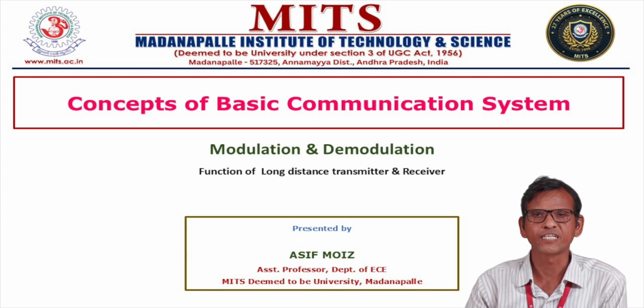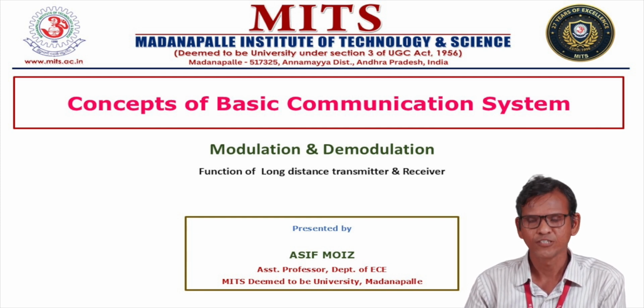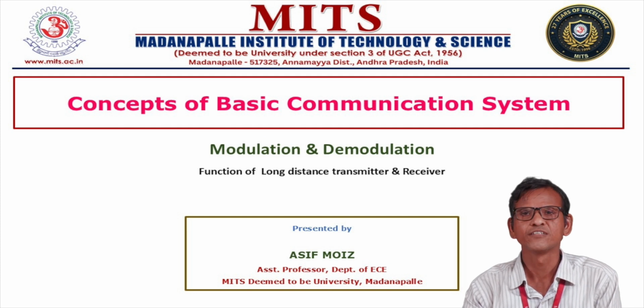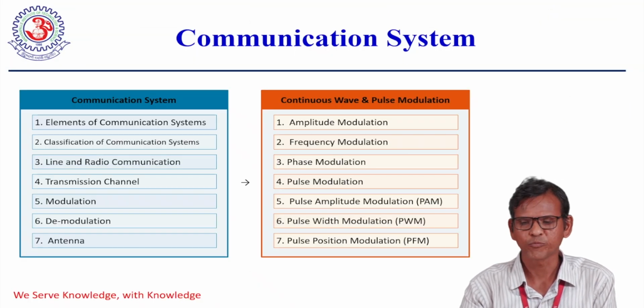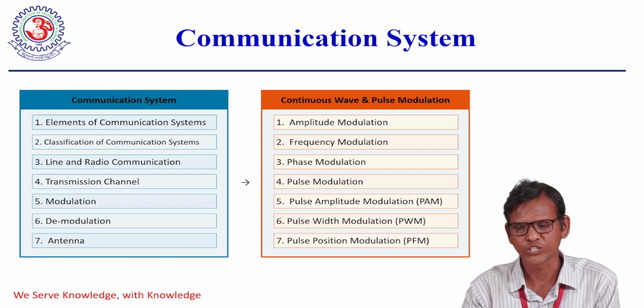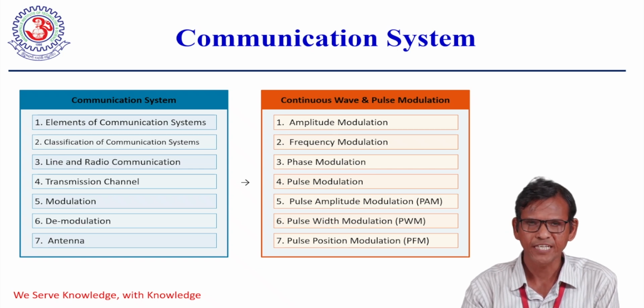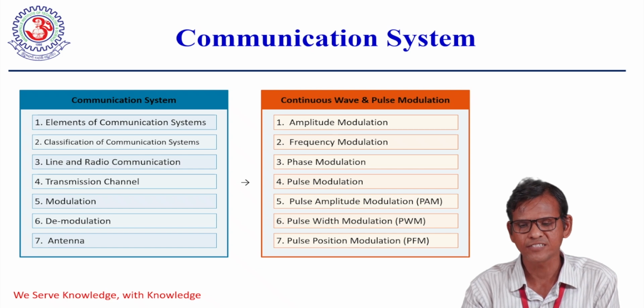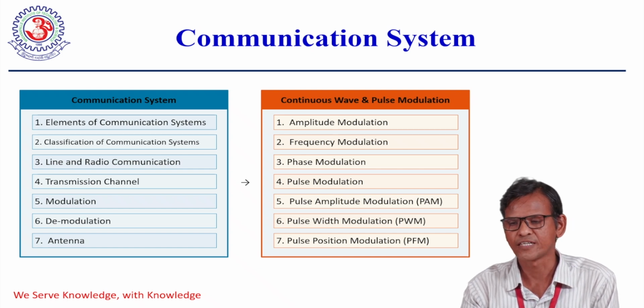It's a basic communication system course in which we will read modulation and demodulation, and the functions of long distance transmission and reception. For this, we have elements of communication system, classification of communication system, line and radio communication, transmission channel, modulation, demodulation, and antenna.